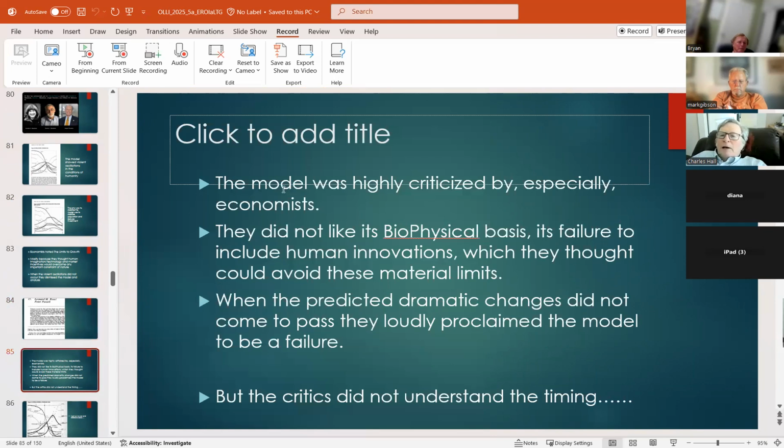And they said they did not like its biophysical basis, its failure to include human innovations, which they thought could avoid these material limits. And when the predicted dramatic changes did not come to pass, they loudly proclaimed the model to be a failure.